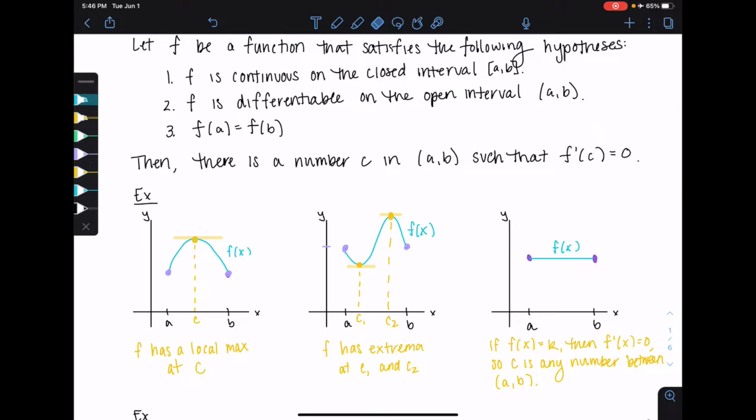Rolle's theorem is guaranteeing that we have a critical value between these two points, and we want that. We want critical numbers. We know those correspond to possibilities for local maxes and mins. But to be able to apply Rolle's theorem, I need to show these hypotheses are satisfied. So I have to verify all of these things happen.